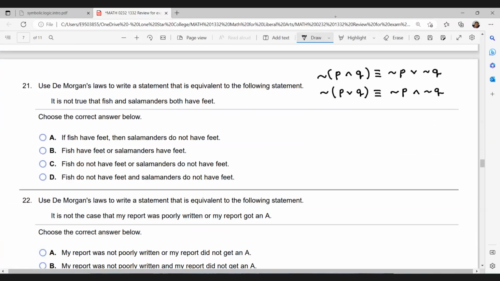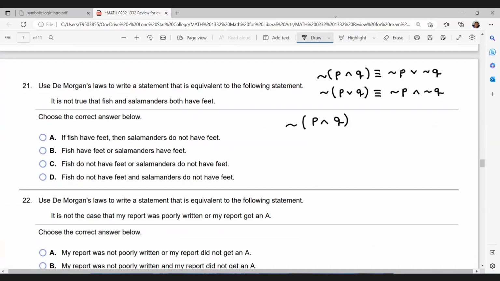It has some similar errors to distributing, so I would just be careful there. In this case, it is not true that fish and salamanders have feet. So if it's P and Q, I didn't see anything else special there.